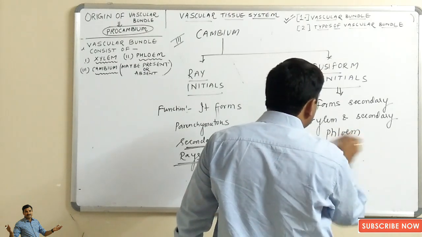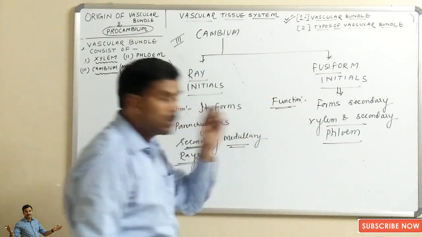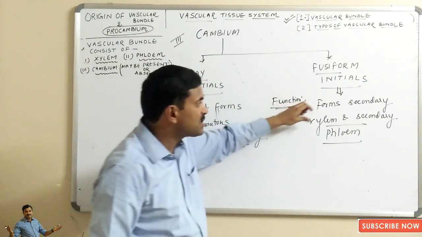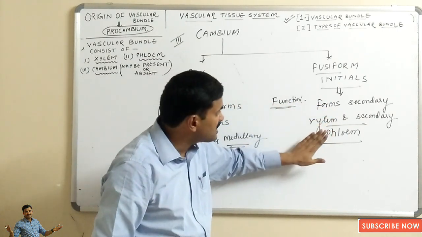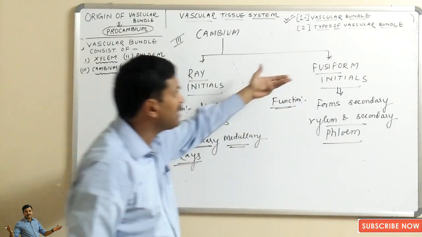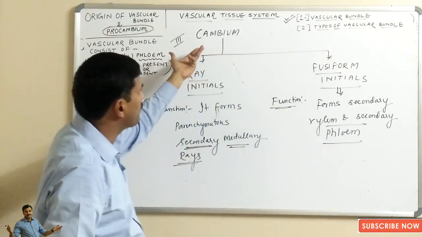At the time of secondary growth in plants, secondary xylem and secondary phloem are formed by the fusiform initial cells of the cambium.